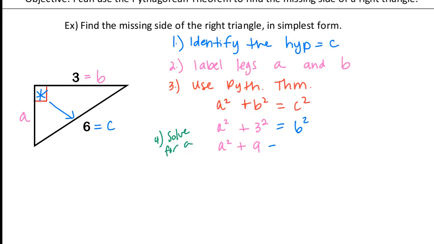And 6 squared is 36. So my goal again is to get this A squared by itself. So I have to get rid of the 9. How do I get rid of the 9? Subtract it on each side, right? So I have A squared is equal to 36 minus 9, which is 27.